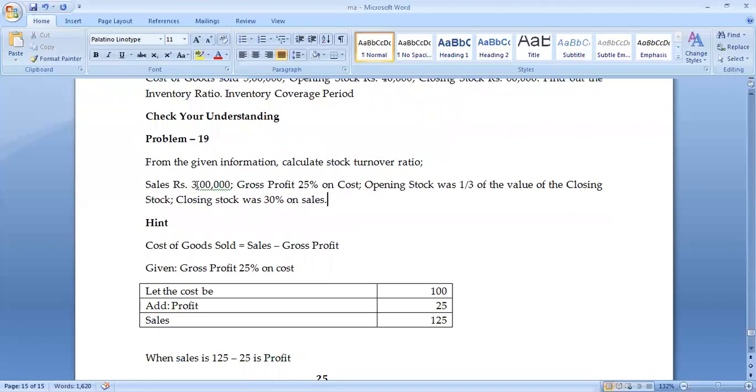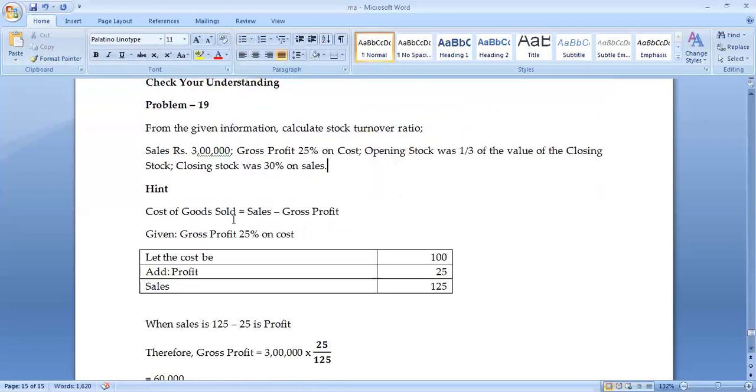So you need to calculate the cost here first. And further, opening stock was 1/3 of the value of the closing stock. Closing stock was 30% on sales. So find out here the cost of goods sold.